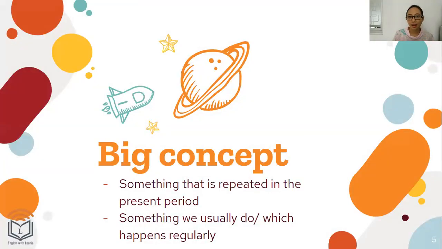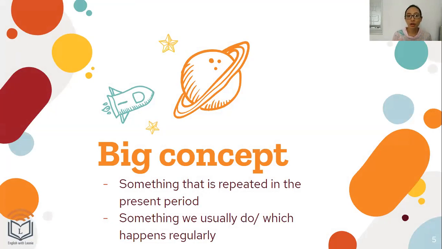Routines or habits means something that is repeated in the present period. So you do it several times, today, tomorrow, yesterday, and it becomes your habit. It can be always, sometimes, usually, but the focus is on the repeated actions.